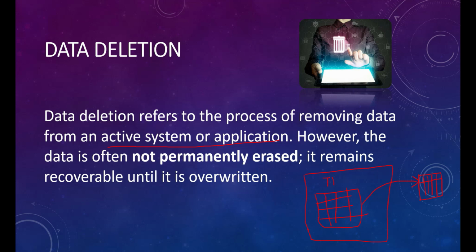However, the data is often not permanently erased. It is stored somewhere in the disk, and you can recover it until it is overwritten. That means there is a certain retention period. Whenever it is written into secondary storage, there might be a retention period of 30 days or 60 days.